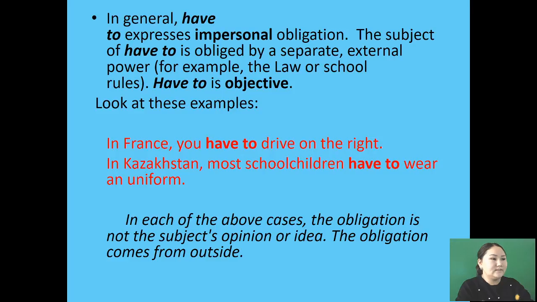In France, you have to drive on the right. In Kazakhstan, most school children have to wear a uniform. In each of these cases, the obligation is not the subject's opinion or idea. The obligation comes from outside.